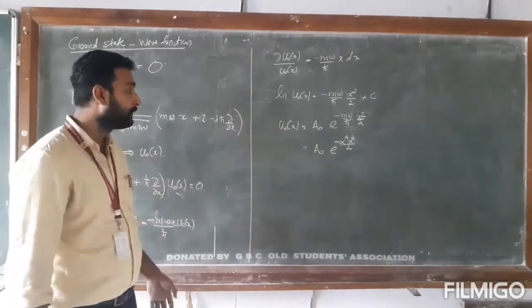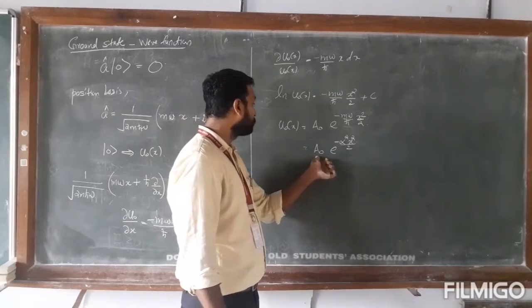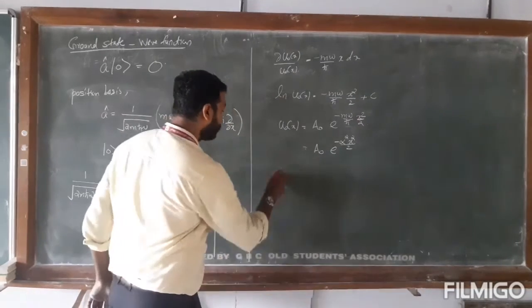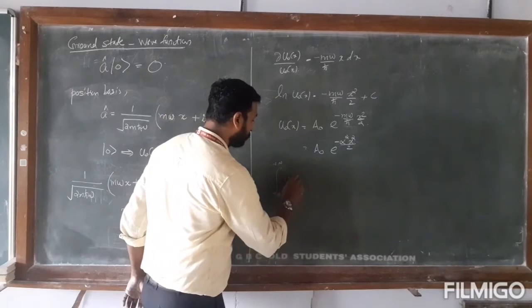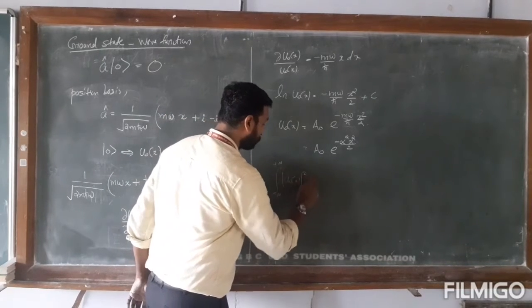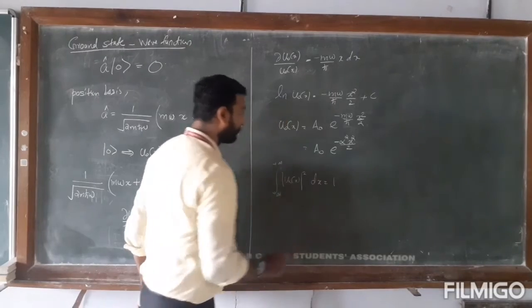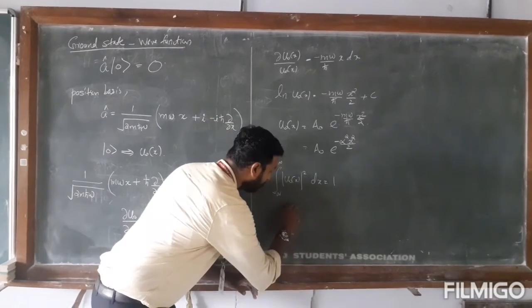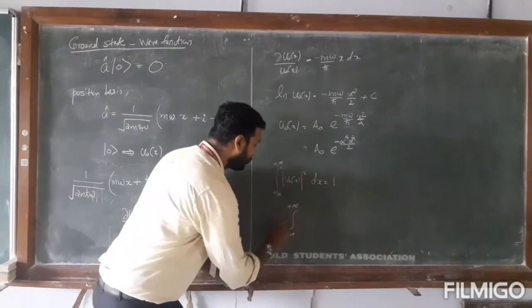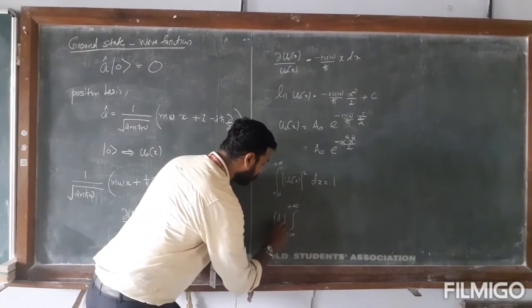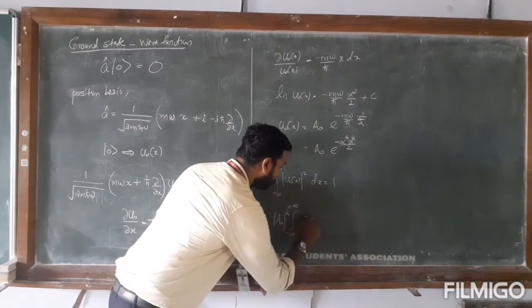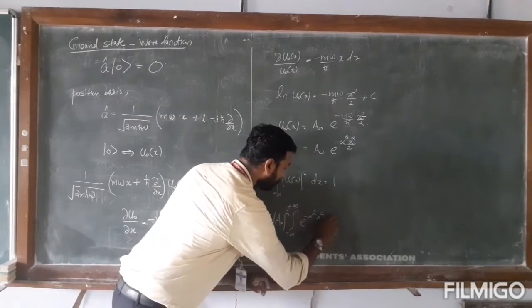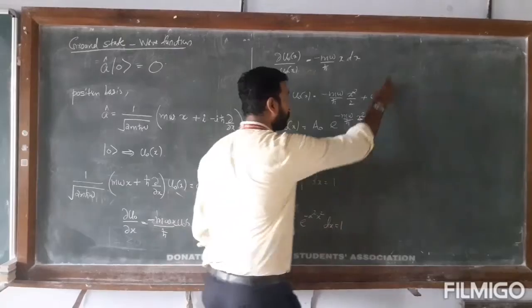in the Schrodinger picture, and we can find a0 from the normalization condition, that is integral from minus infinity to plus infinity of u0 of x squared dx is 1, integral of mod a0 squared e raised to minus alpha squared x squared dx equal to 1.